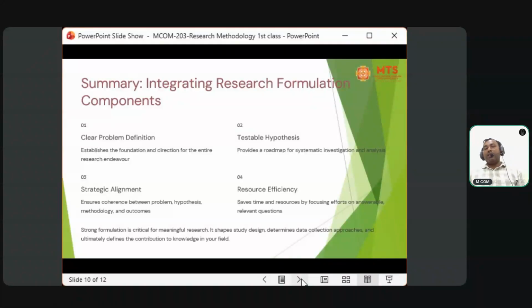And research efficiency saves time and resources by focusing efforts on answerable, relevant questions. Strong formulation is critical for meaningful research. It shapes study designs, determines data collection approaches, and ultimately defines the contribution to knowledge in your field.